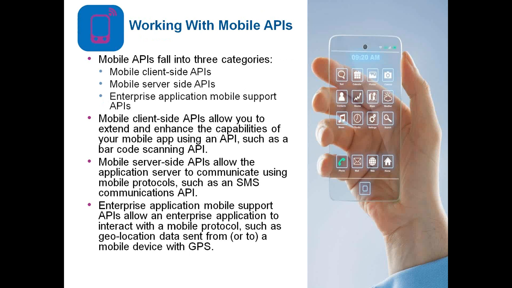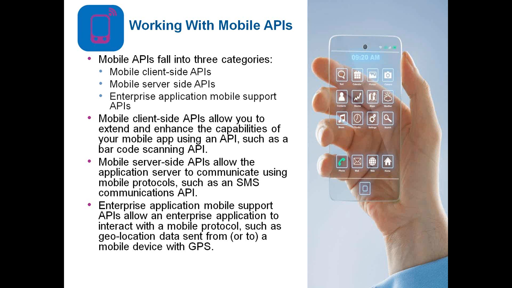Now, when you're working with APIs for mobile environments, you're going to find client-side APIs, server-side APIs, and APIs that serve in a sort of SOA fashion across any enterprise application. A client-side API would be something like a barcode scanner for the phone itself. A server-side API within a specific app might be something like SMS communication protocols.